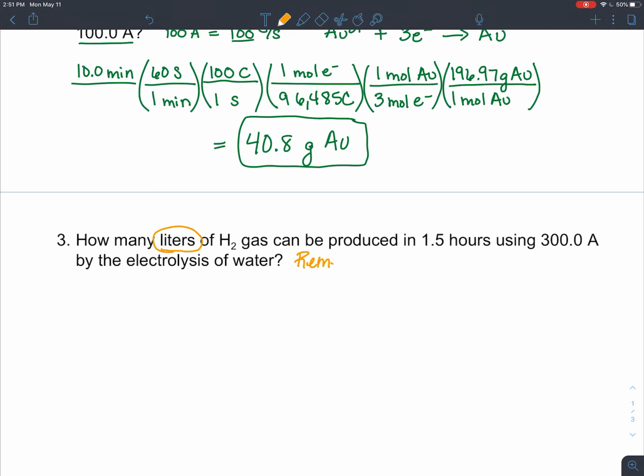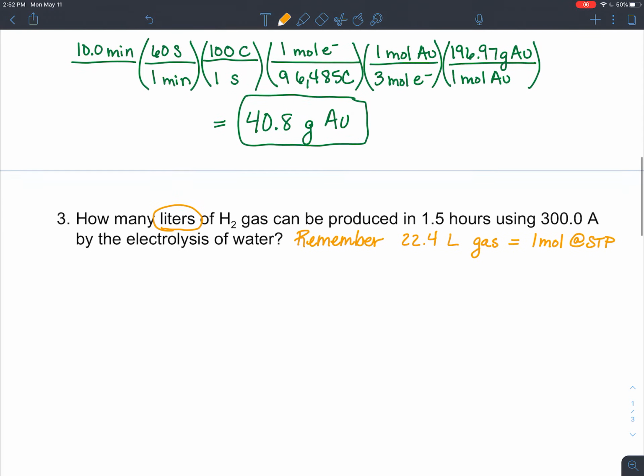One thing we want to remember with liters is that there are approximately 22.4 liters of an ideal gas, and this is an ideal gas, equal to 1 mole at STP. We're going to make that assumption.